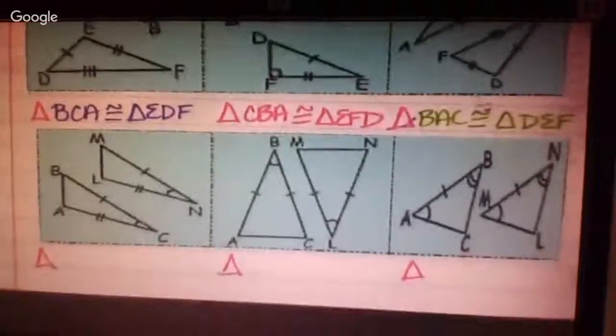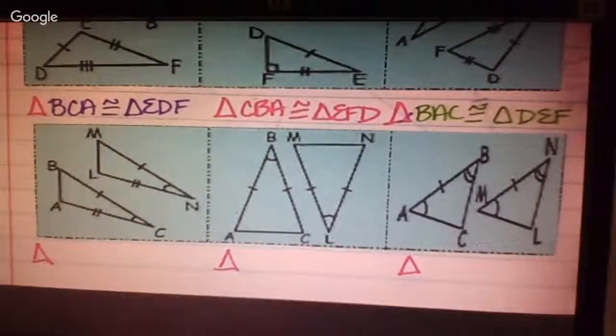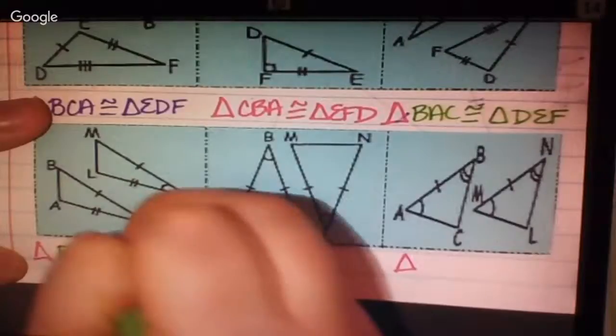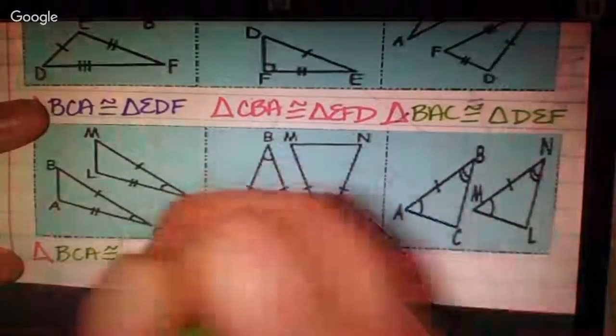Okay. Last three. Let's see. Who haven't I picked on lately? Joanna, you look kind of sleepy back there. What you got for this one on the left? That's the element one? It's an MLN and a B. BCA, BCA, and MNL. Good.